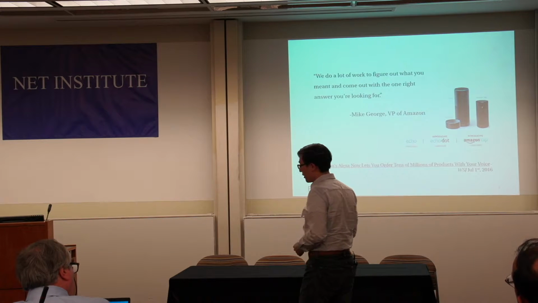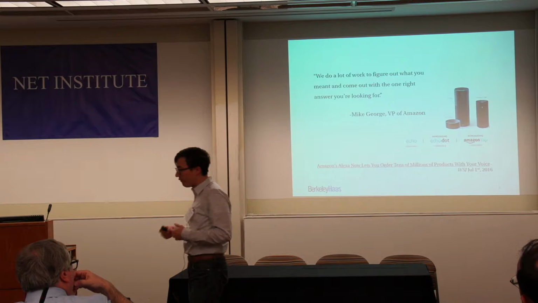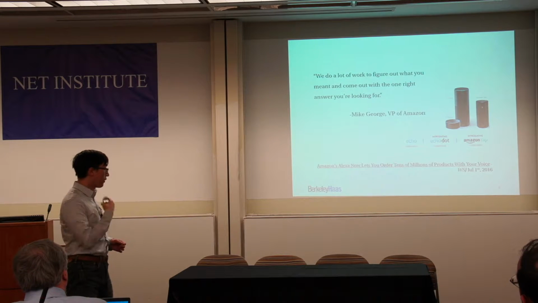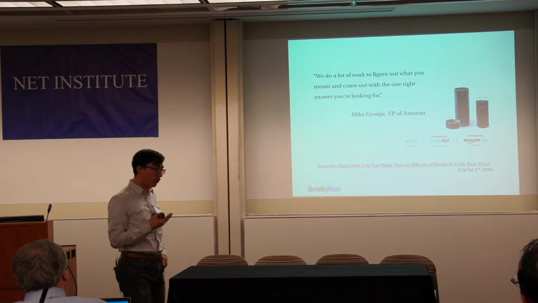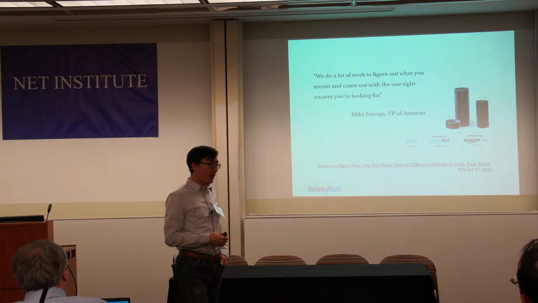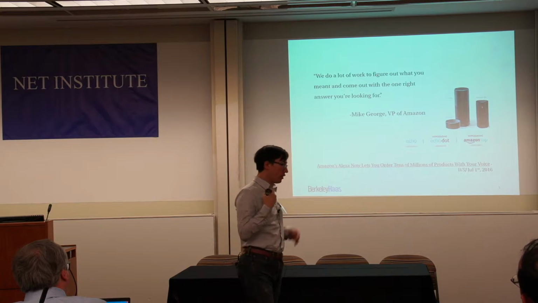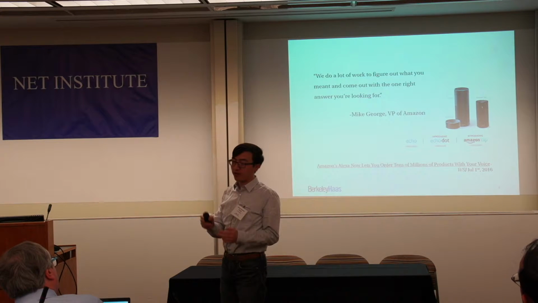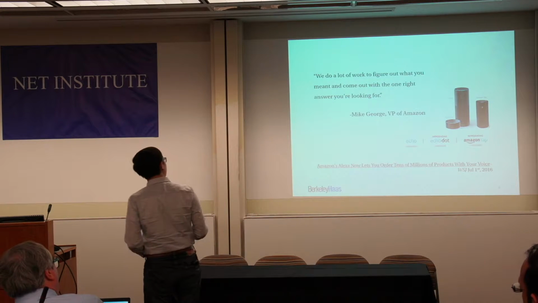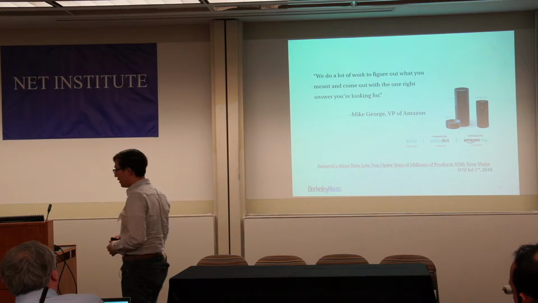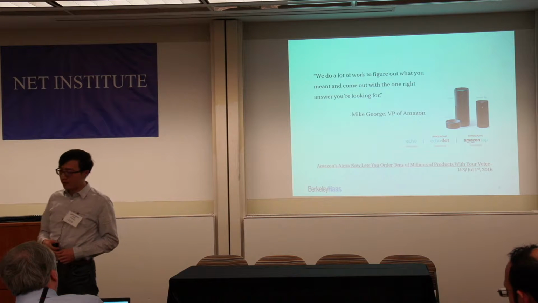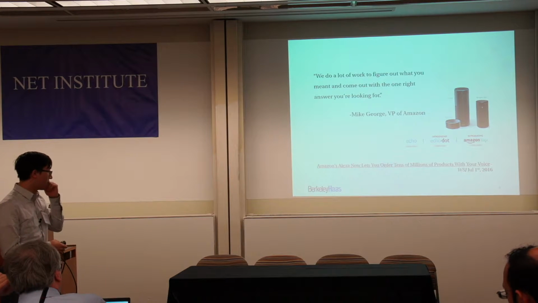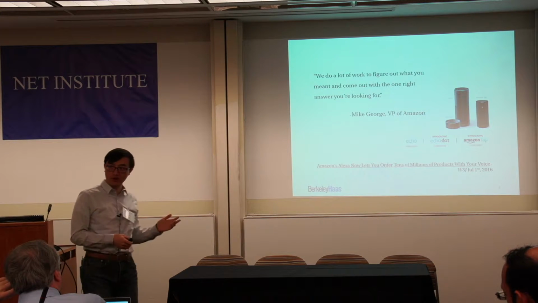Now, the companies are moving further in improving these technologies. Here is a quote. Mike George, who's VP of Amazon, basically said, we do a lot of work to figure out what you meant and come out with the one right answer you're looking for, okay? What is he talking about? He's talking about their most recent artificial intelligence agent, where you can just talk to Alexa and place your orders.